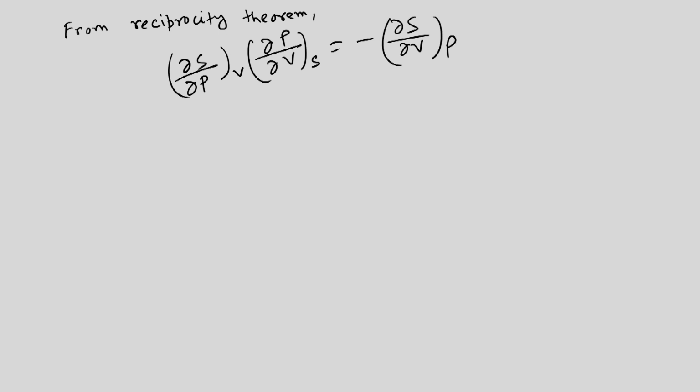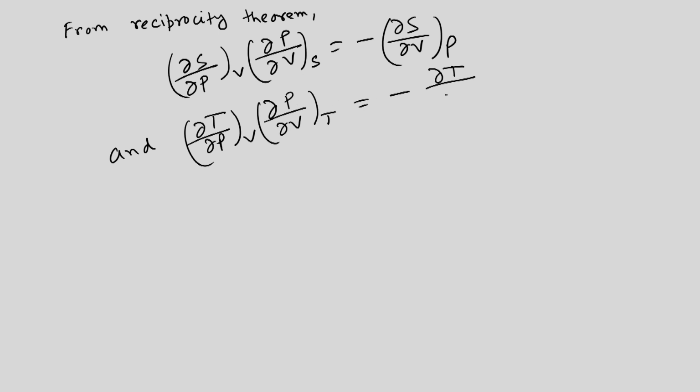We can write ∂S/∂P at constant volume times ∂P/∂V at constant S is minus ∂S/∂V at constant P, and ∂T/∂P at constant volume times ∂P/∂V at constant temperature equals minus ∂T/∂V at constant pressure.